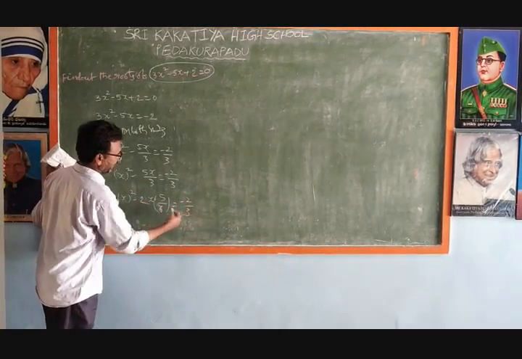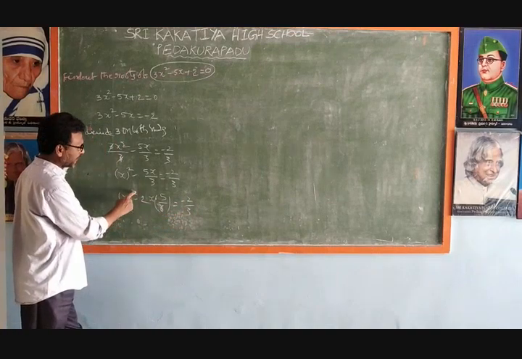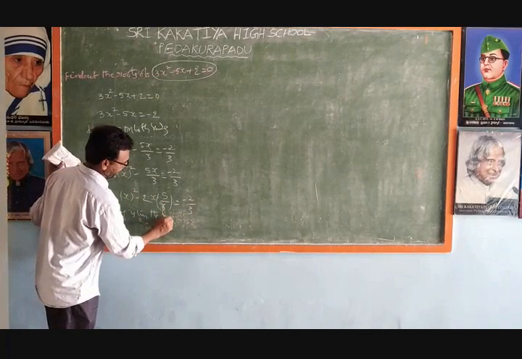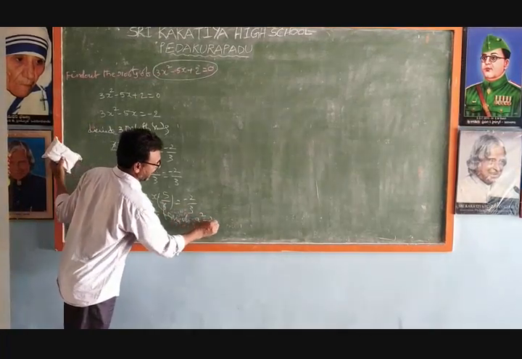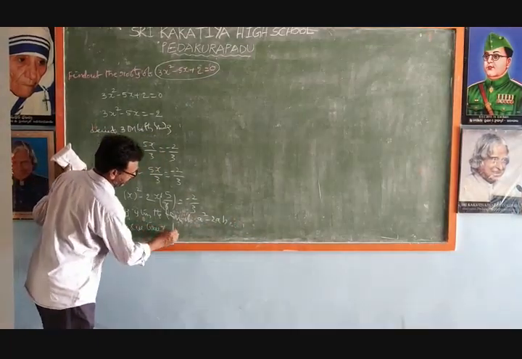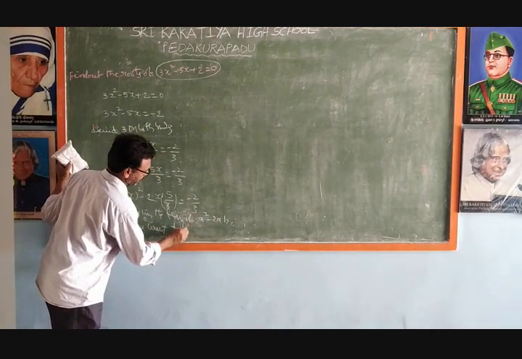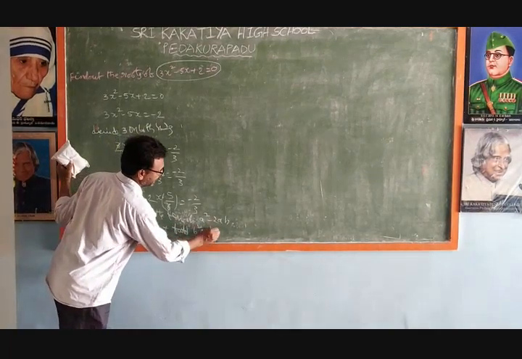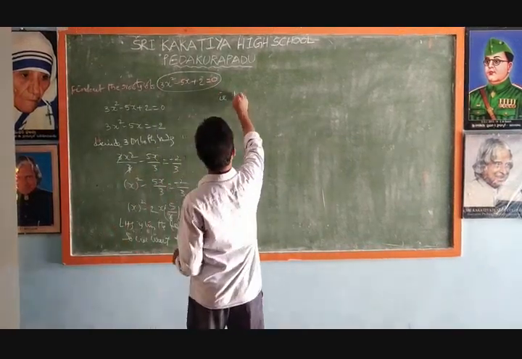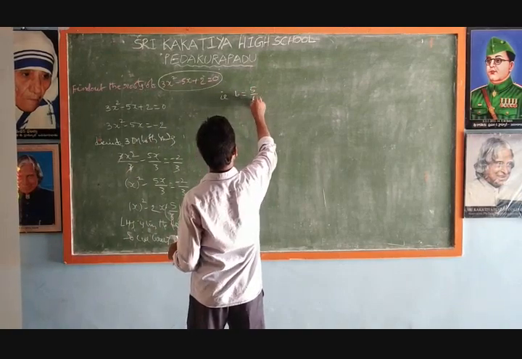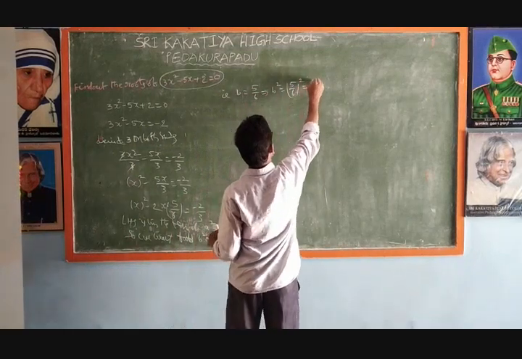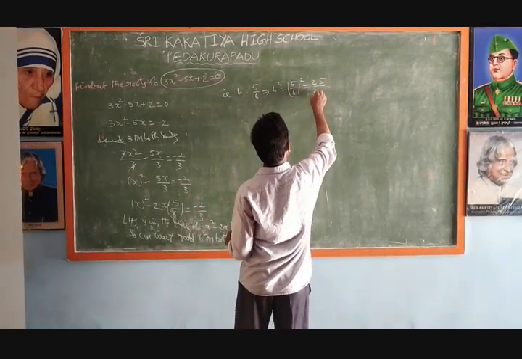That is equal to −2/3. Here the LHS is in the form of a² − 2ab, so we want to add b² on both sides. Here b = 5/6, which implies b² = (5/6)² = 25/36.